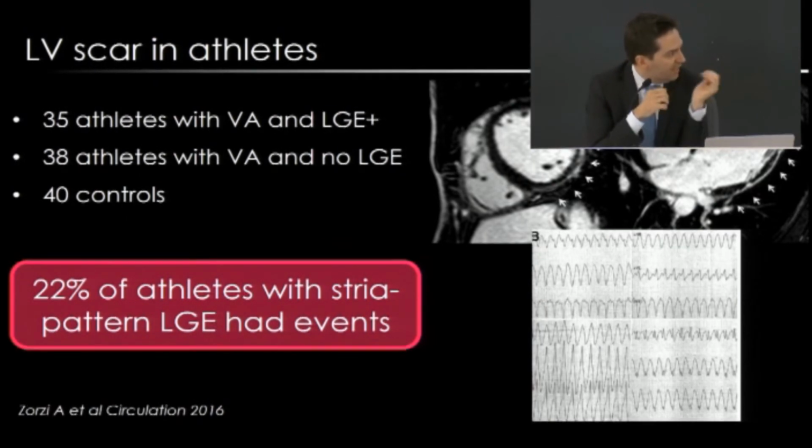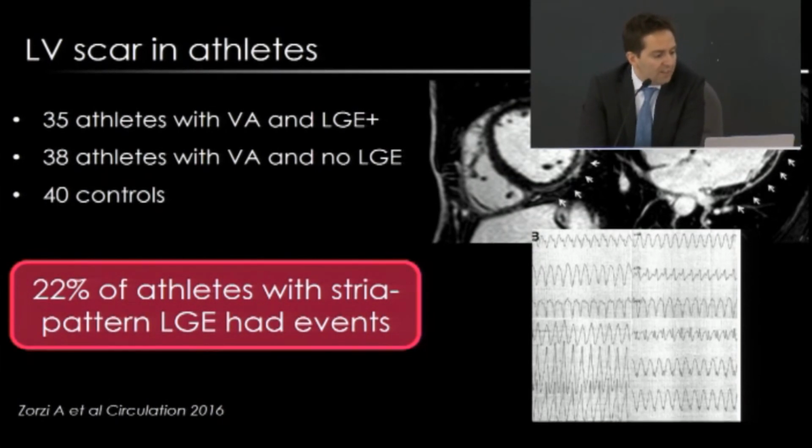And there is a study that Alessandro did recently and published in Circulation about areas of scar in the left ventricle. And in this study, there were 35 athletes with ventricular arrhythmias and positive late gadolinium enhancement that could be even consistent with a previous myocarditis.